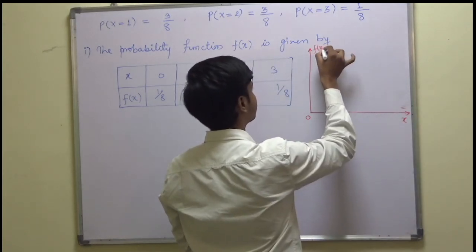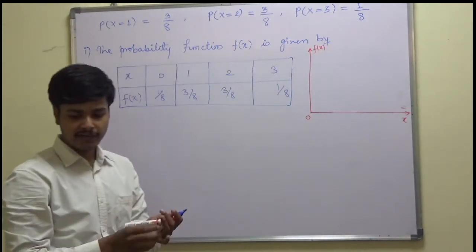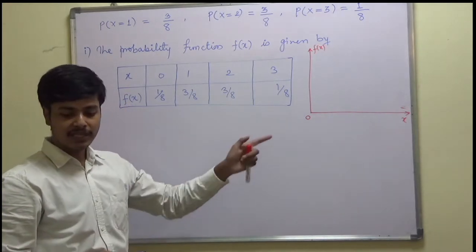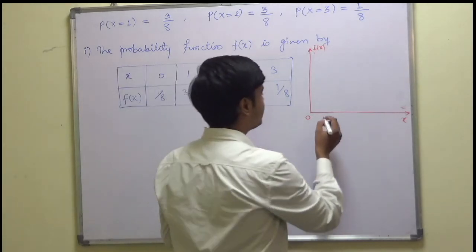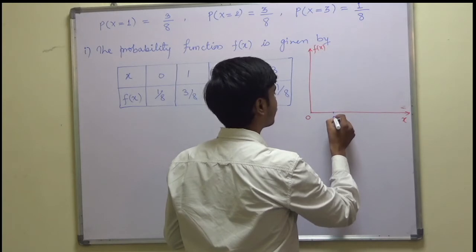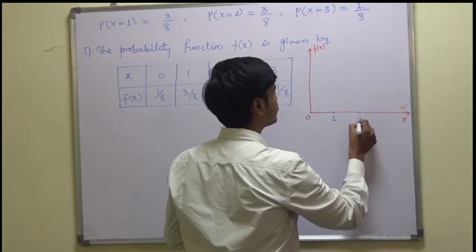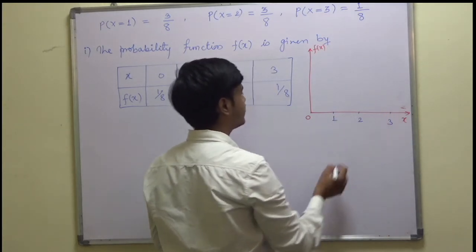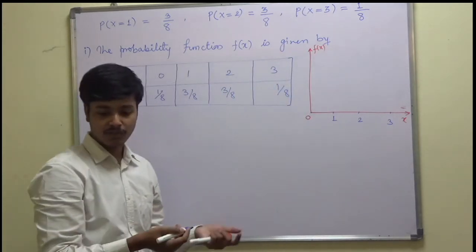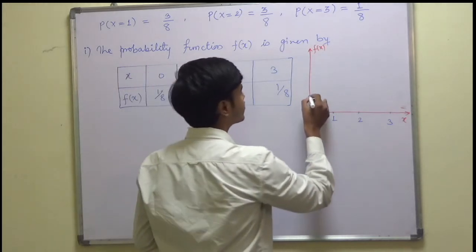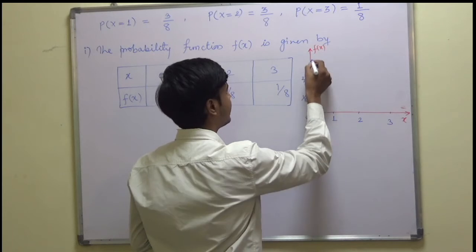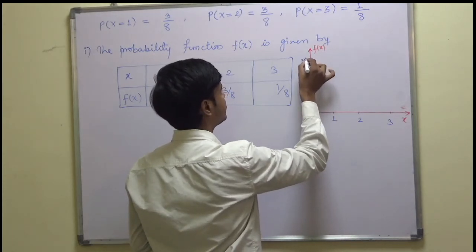I am drawing it as a bar graph. So for values of x we have 0, then 1, then 2 and 3. And for the f of x values, you can take 1 by 8, 2 by 8, 3 by 8 likewise.